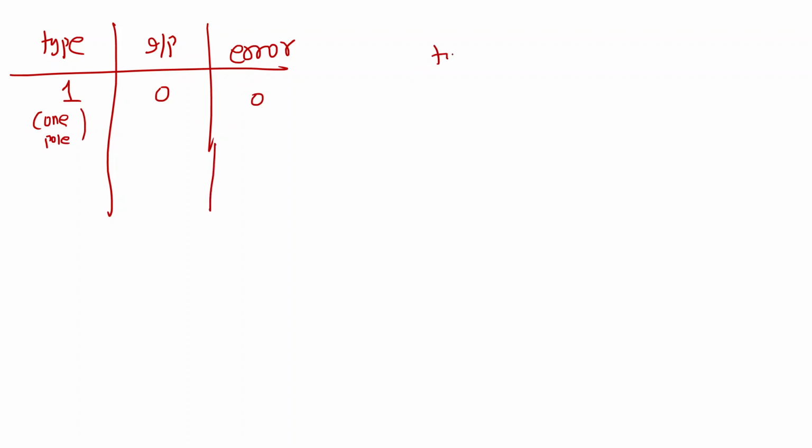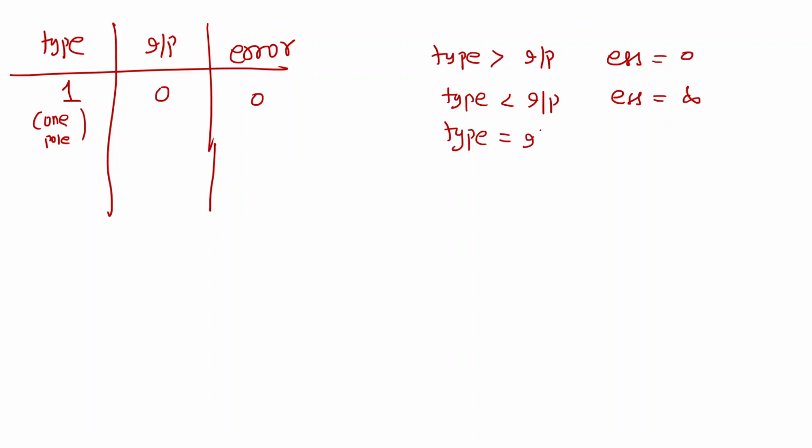Remember that when your type is greater than the input, the steady state error is 0. When your type is less than the input, the steady state error is infinity. When the type is equal to the input, as you have seen on the previous slide, some steady state error exists, and it depends on which value.